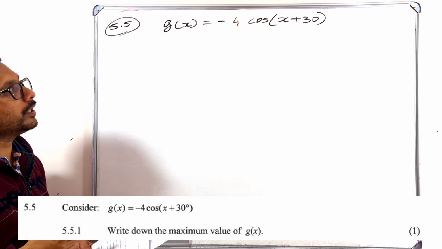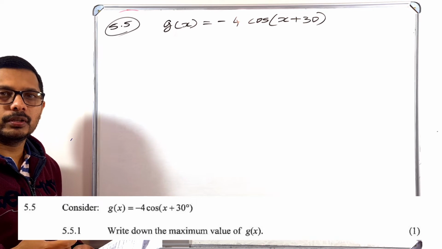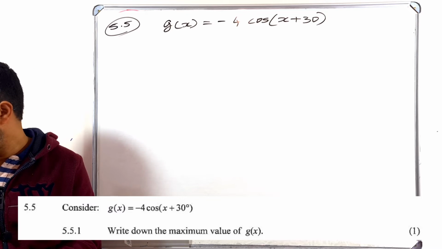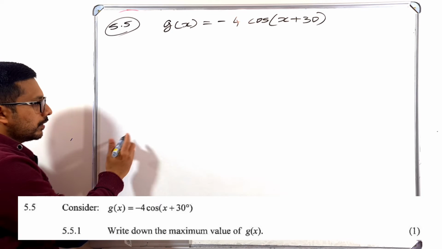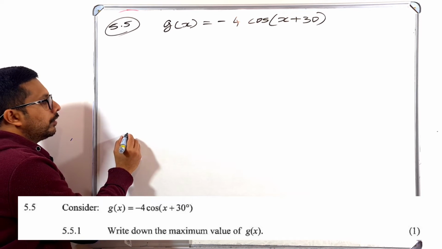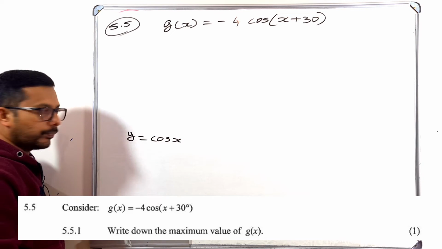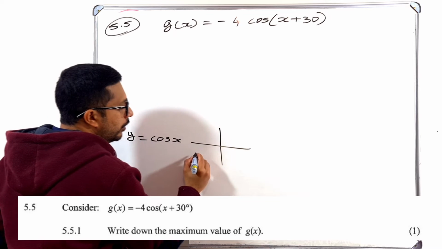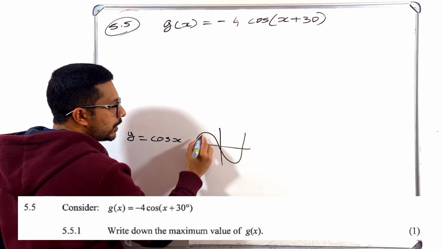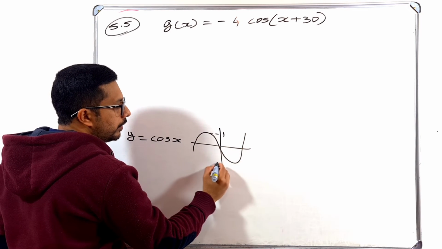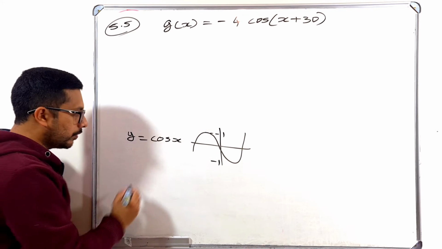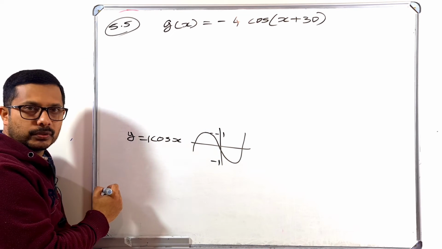Then what does this minus 4 stand for? Let's say y is equal to cos x. Then the maximum value is 1 and the minimum value is minus 1, because the amplitude is 1.